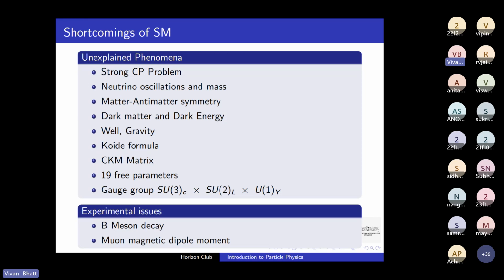So that just doesn't feel very natural, right? So there's good reason to believe that the standard model is just a low energy approximation, a low energy limit of another theory which is UV, which holds at higher energies as well. So that's why we look at physics beyond the standard model.